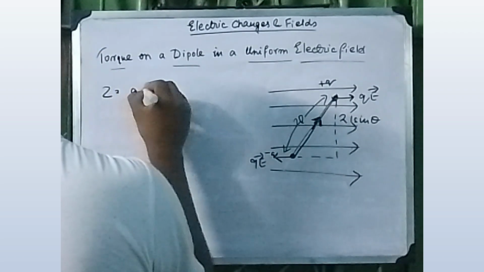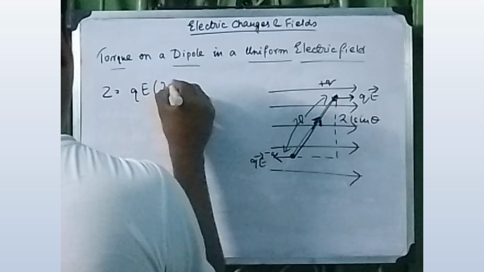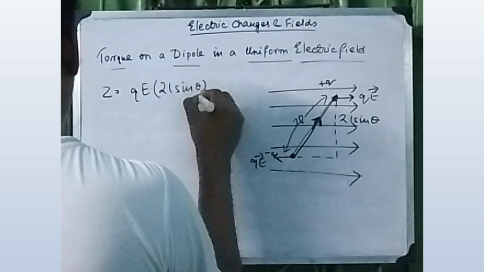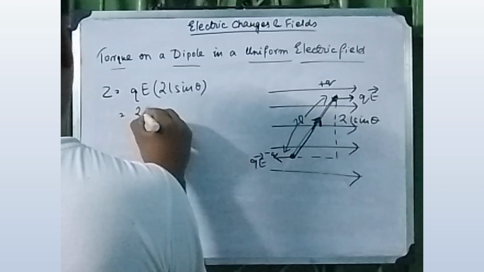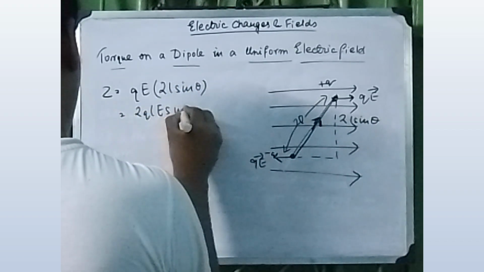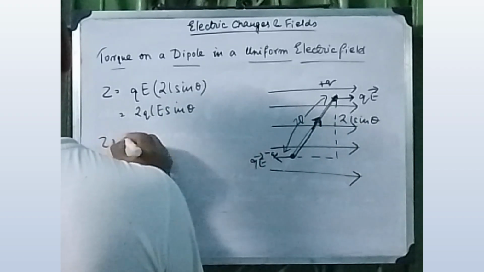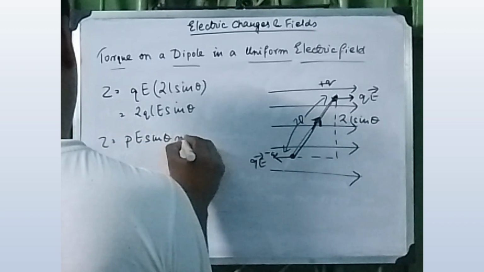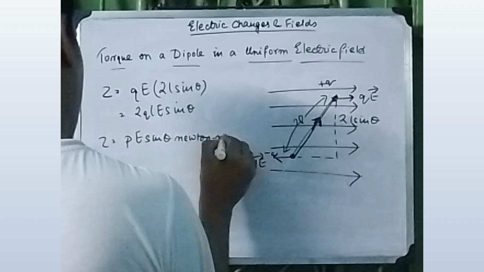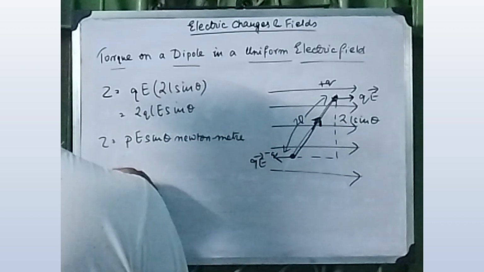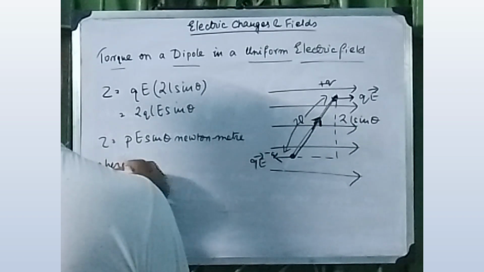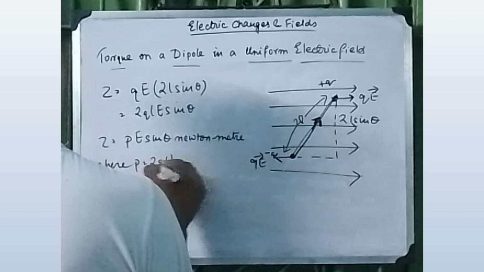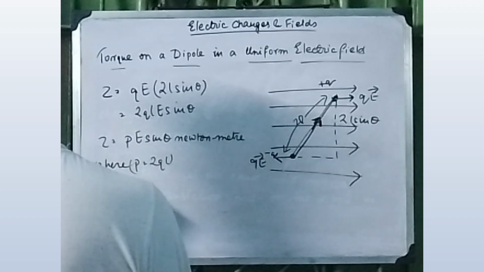And then we can continue by writing tau equals qE into 2L sine theta, equals 2qLE sine theta, and tau equals PE sine theta Newton meter, where we substitute 2qL equals P, which is known as the moment of dipole.